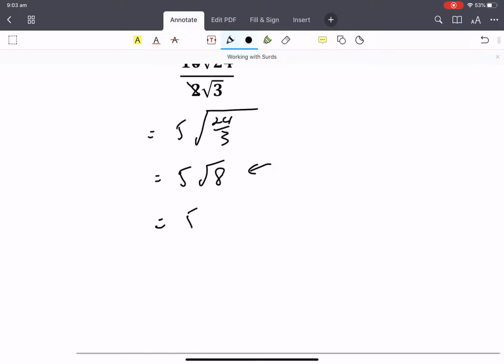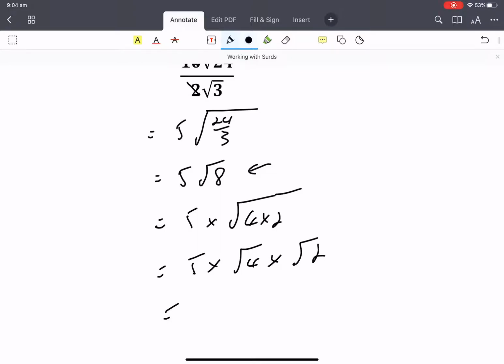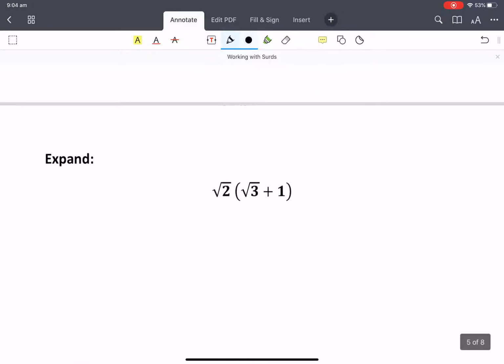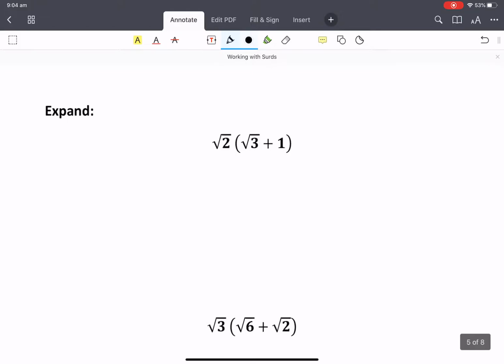Root 8 is 4 times 2, which is root 4 is 2. 2 5s are 10. So you can see it's all pretty easy, but there's so many different ways that we can play with surds.